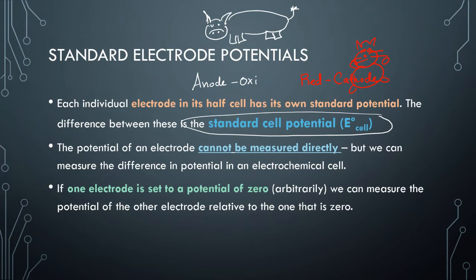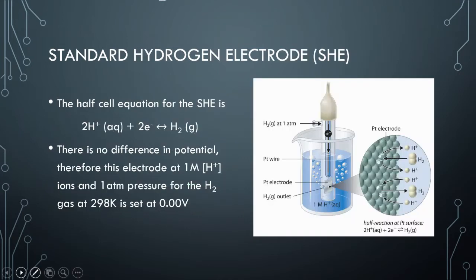So we can basically make that the baseline and compare all of the other half cells against it, right? So the one electrode that we set to a potential of 0, this is an arbitrary setup. We had to come up with it so we can actually make sense of what is going on, is the hydrogen electrode, okay? And this is what the hydrogen electrode looks like.